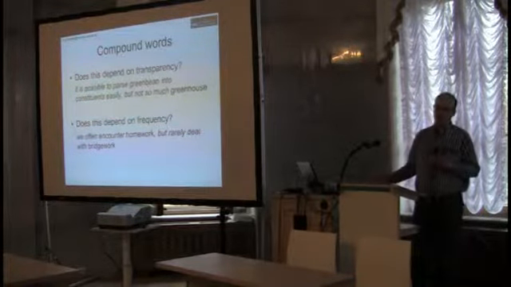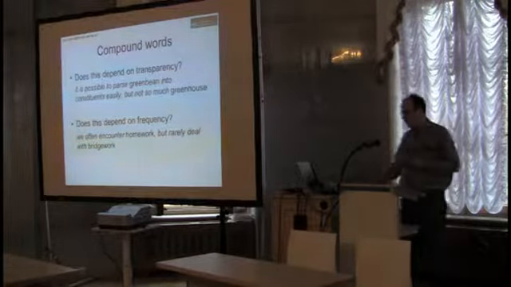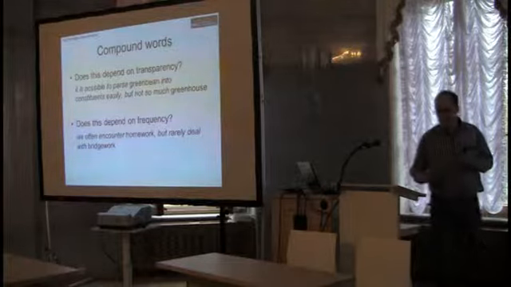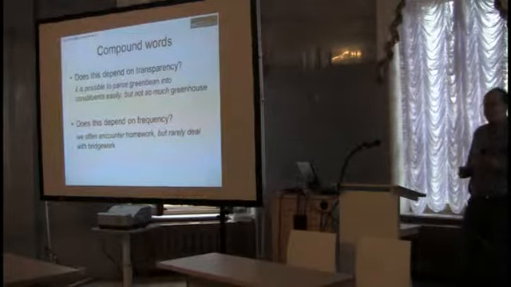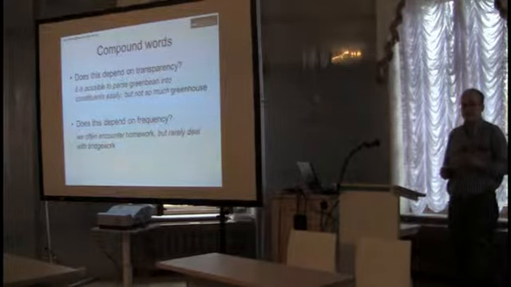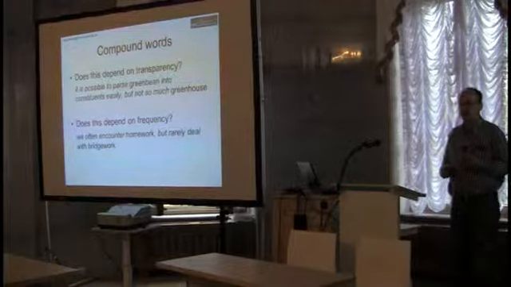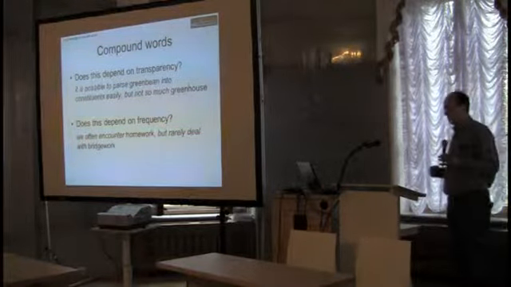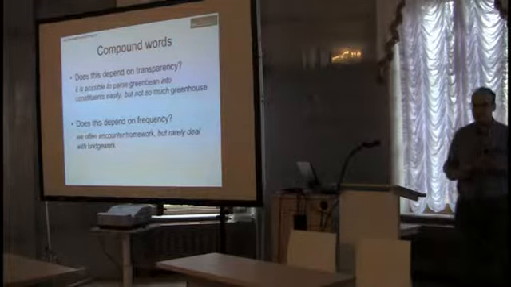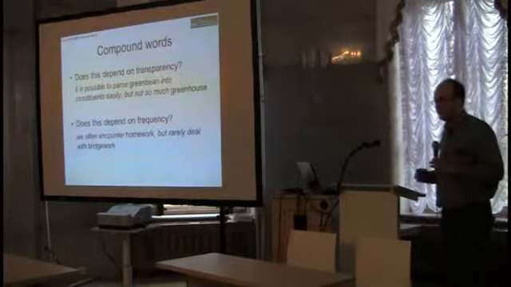Therefore, you may benefit from having a whole form storage for that. Now, another question is whether this would depend on frequency. So some words you encounter quite frequently. If you study, at least, you get the word such as homework in English rather often. And being a frequent item that you have to use, you might want to lexicalize that and have a whole form storage just to have quick access.